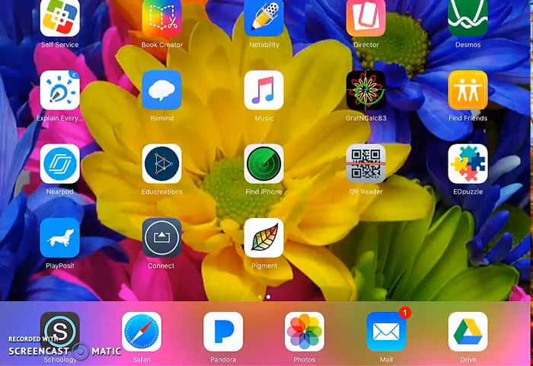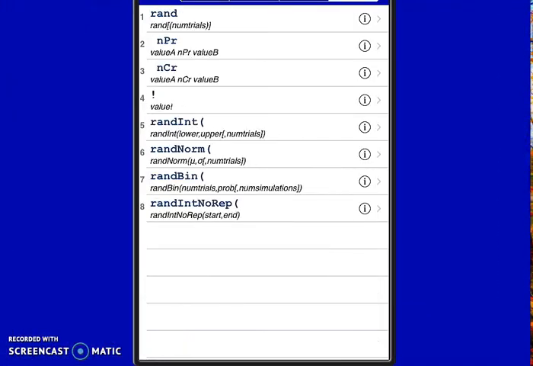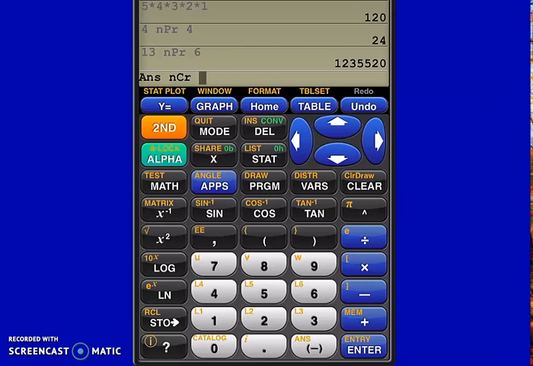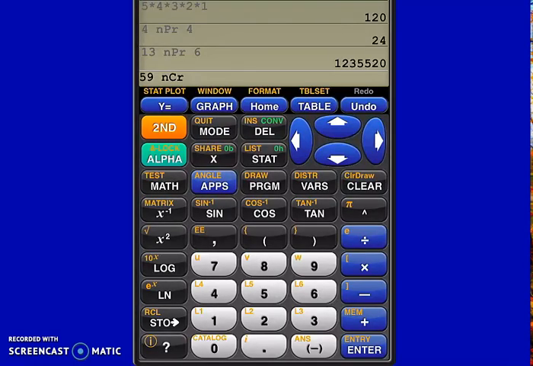So again, in the calculator, you guys would go to math, go over to PRB. I forgot to put in my number first. So you would do 59, then math probability, but choose nCr instead of nPr. And of those 59 numbers, we're choosing 6. So still a very big number.